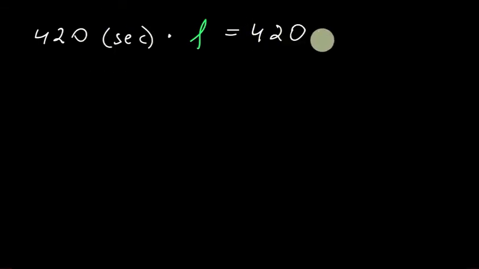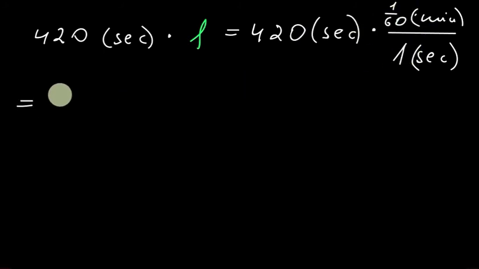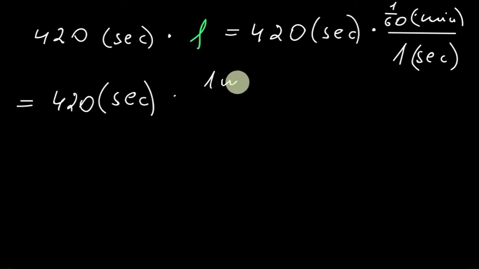So I simply rewrite this, 420 seconds, and now here is 1 second, and because we know that 1 minute is 60 seconds, in our numerator, we write 1 minute over 60 seconds.